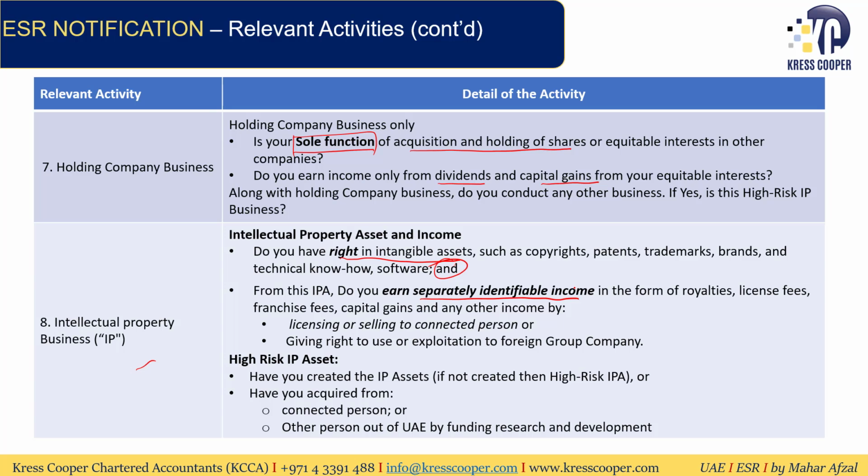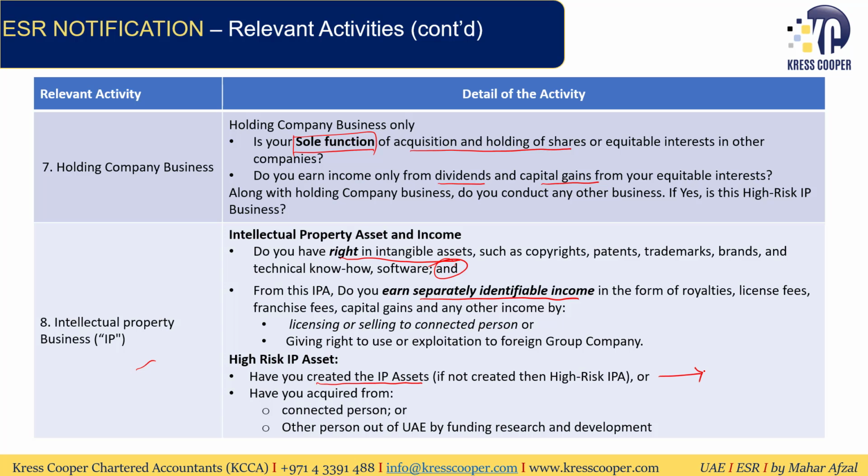If the licensee has not created the intellectual property asset from which the licensee is earning separately identifiable income, then it will be considered that the licensee is conducting the high risk intellectual property business.